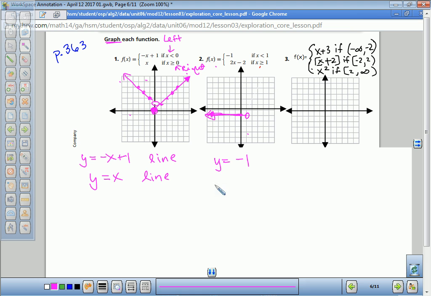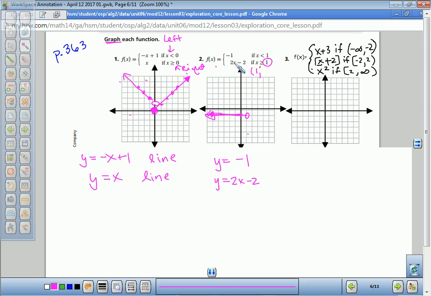Okay, the next one is a line also, but it has a restriction, which turns it into a ray. It is for x values that are greater than or equal to 1. Now, that means I can't really plot the y-intercept. So what we want to do is take the value where I get to start, 1, and evaluate it.